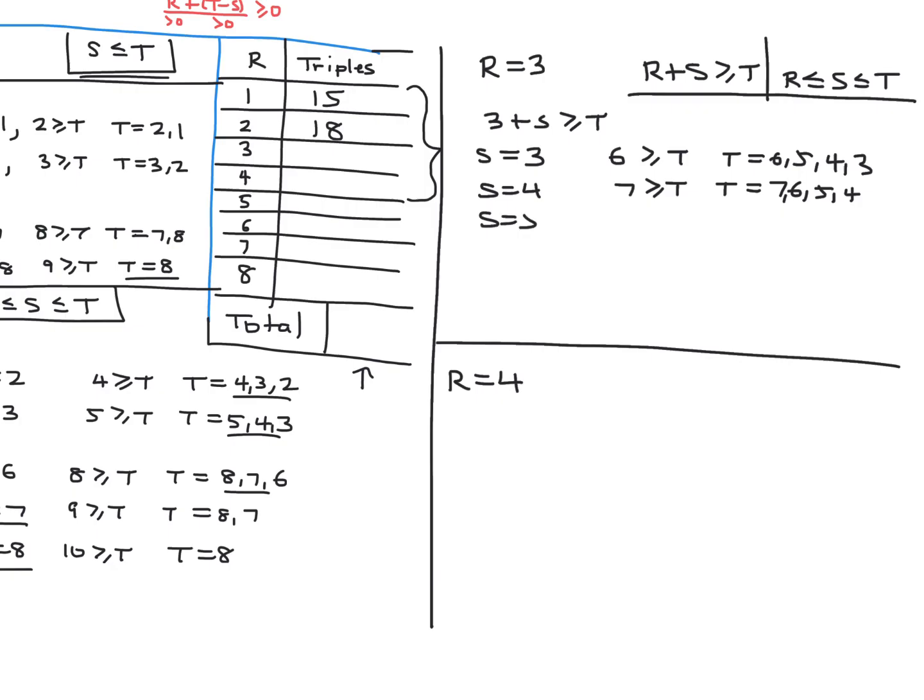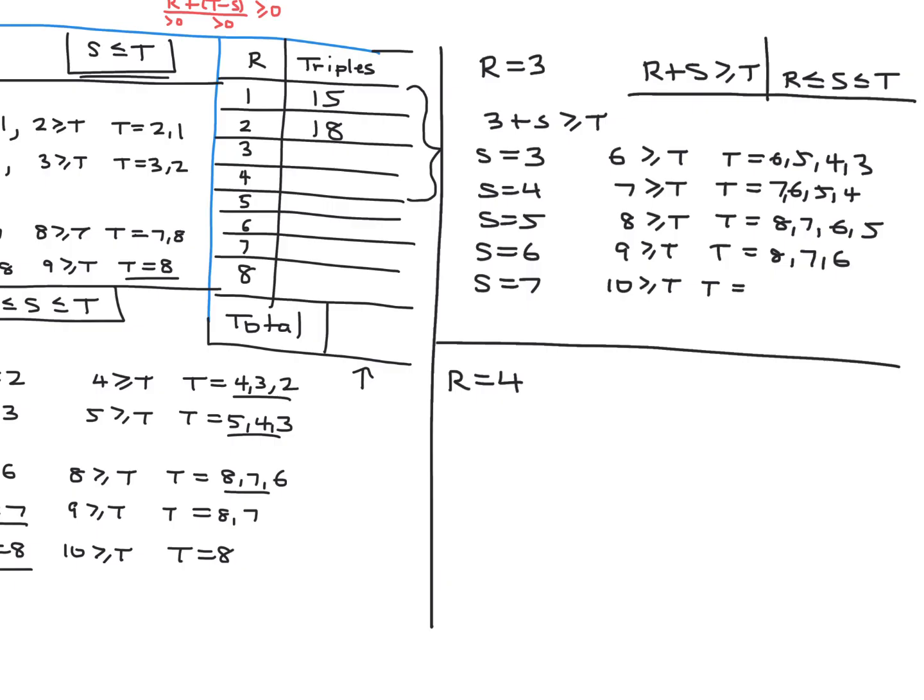S equals 5: 8 is greater than or equal to t, so t is 8, 7, 6, and 5. S equals 6: 9 is greater than or equal to t, so t is 8, 7, and 6. When s is 7, 10 is greater than or equal to t, so t is 8 or 7.